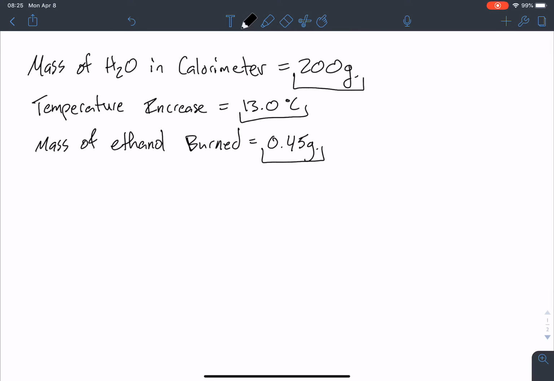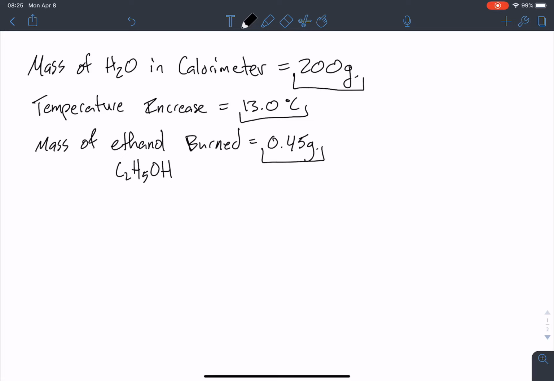So first thing that we probably should consider is we should probably get ethanol into moles. And so I know the molar mass of C2H5OH.